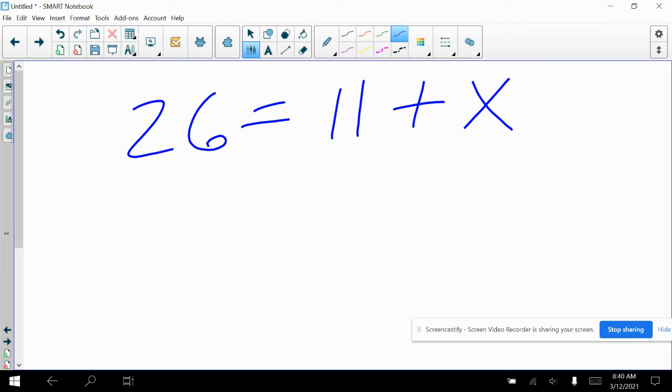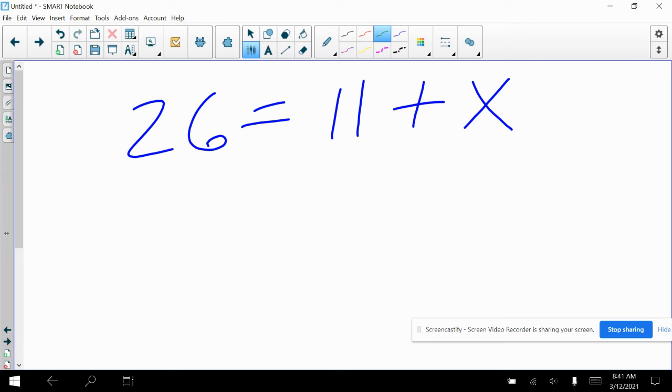Okay, first identify what kind of an equation do you have? Michael? Okay, addition. Step one, locate the variable. Variable is on the right again. Okay, we want to isolate the x by itself, which means we've got to move the number that is on that side.